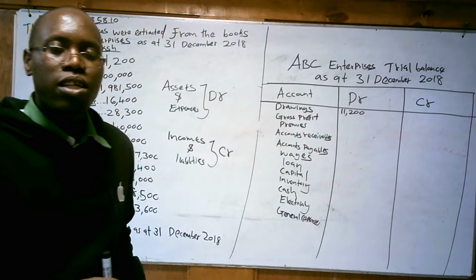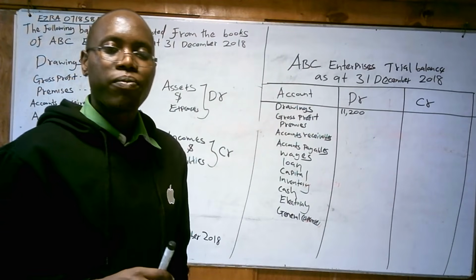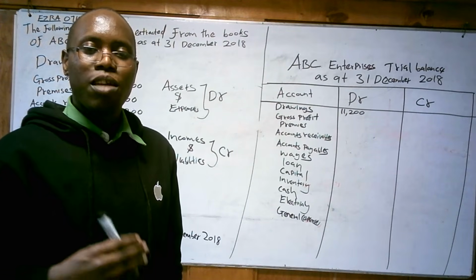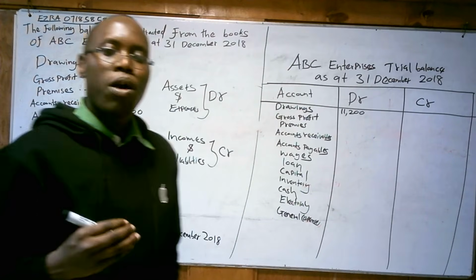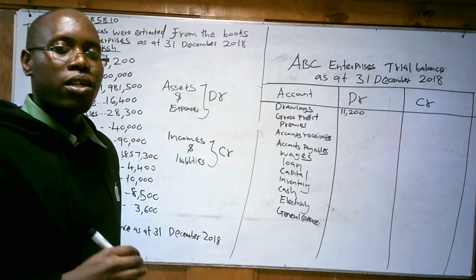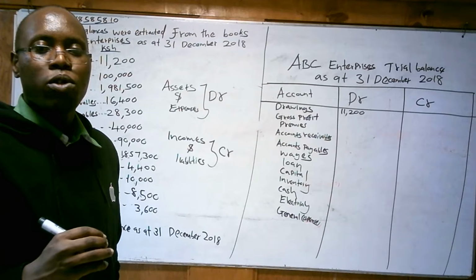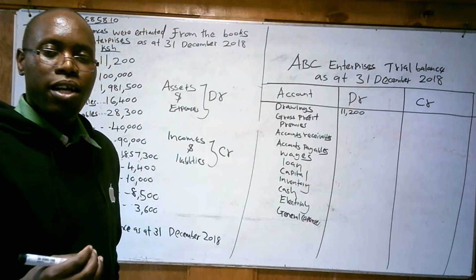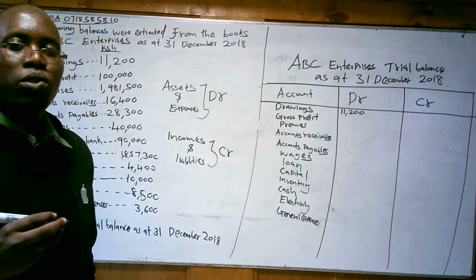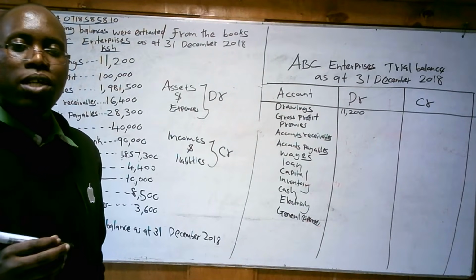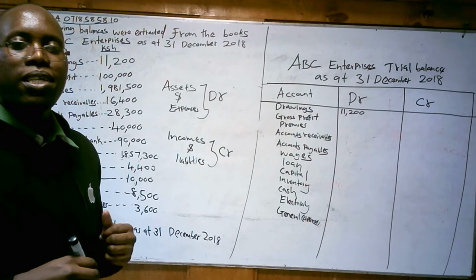Then the other thing that you can see, the second one there, is the gross profit. Remember we said that incomes and liabilities are going to appear on the credit side of that trial balance. So gross profit, when you talk about profit, that is income. So that amount that you can see there, which is 100,000, is going to appear on the credit side because the gross profit is an income.